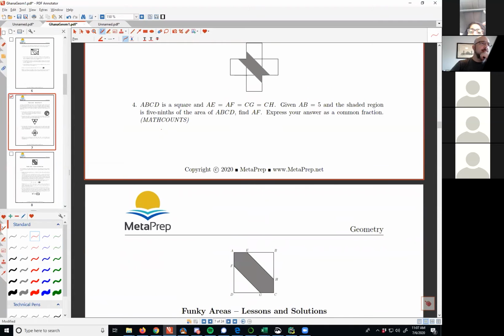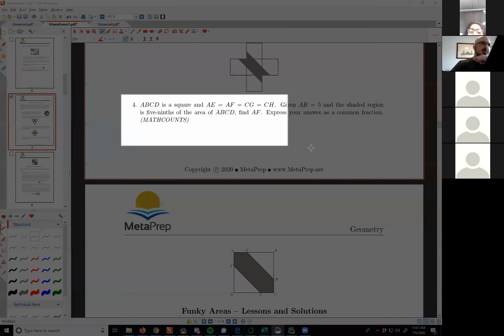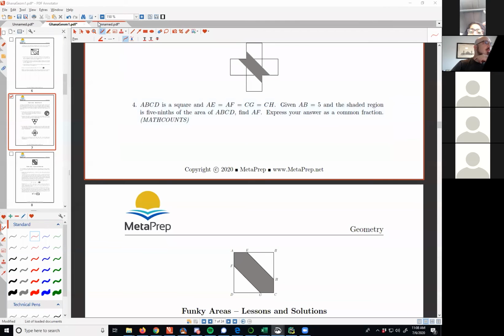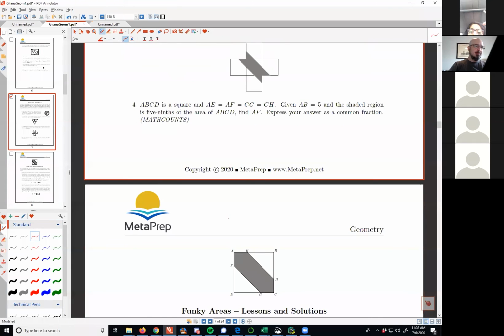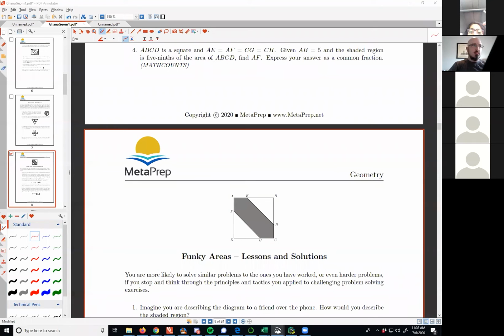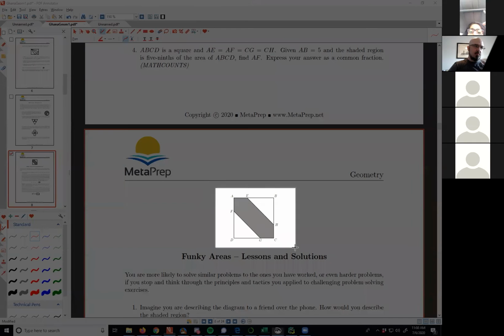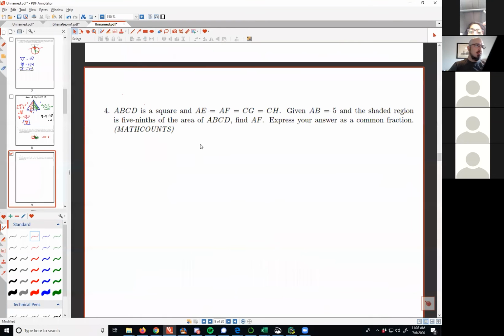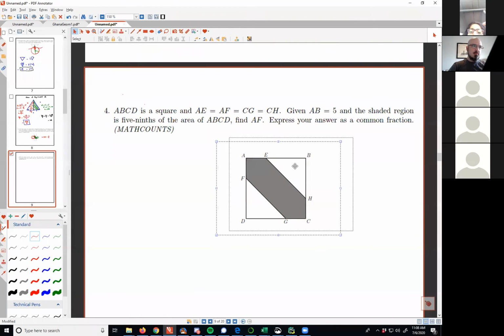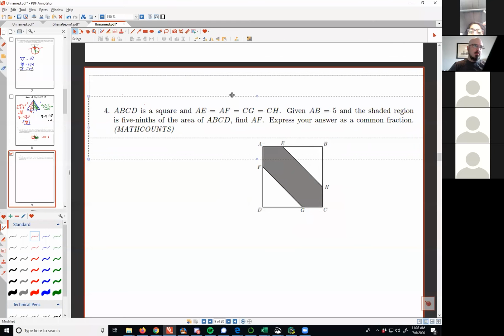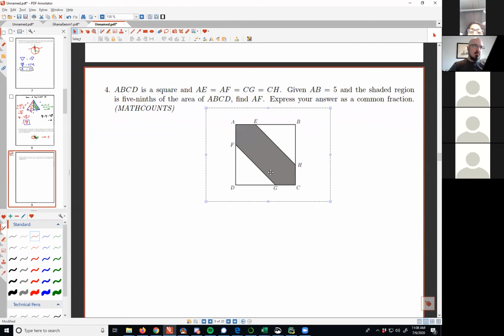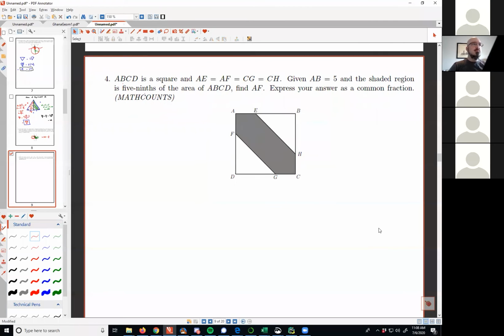I accidentally got a problem on 2 pages at once. Let's put it together.